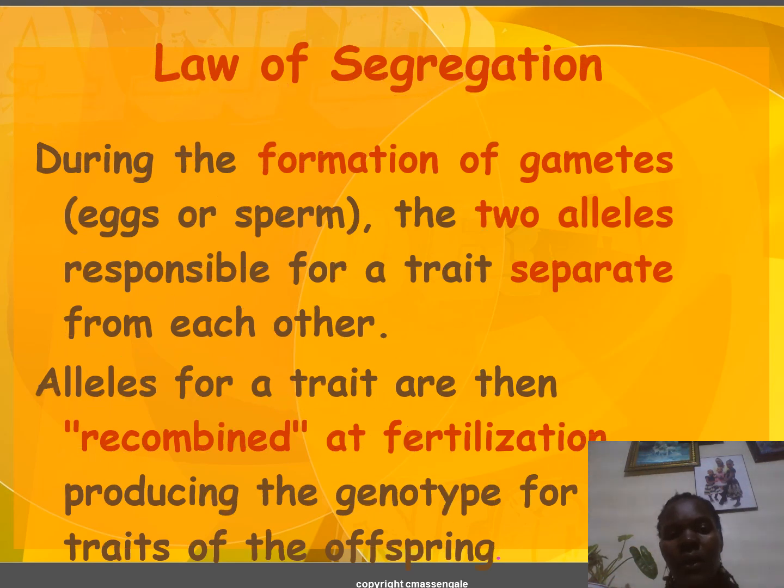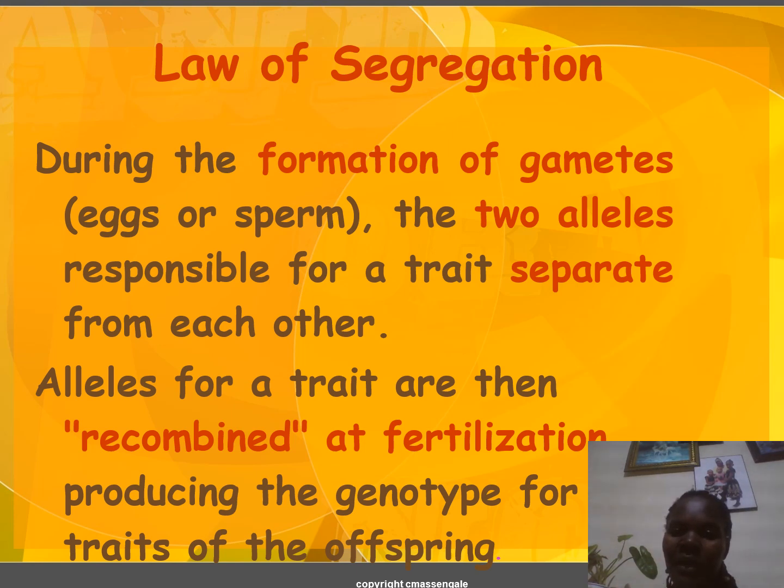And it is still stressed by saying that during the formation of the gametes, either the egg or the sperm, the two alleles which might be responsible for a trait will separate from each other. Remember, the alleles are the alternate forms of the genes.